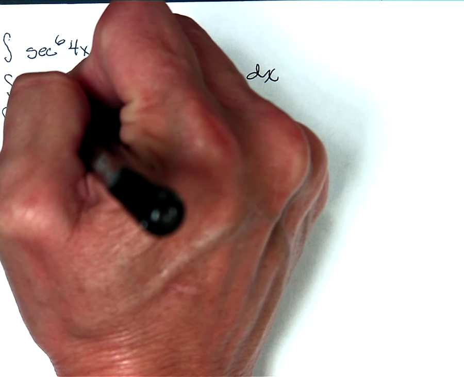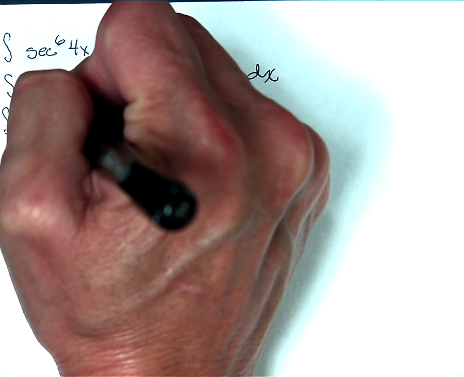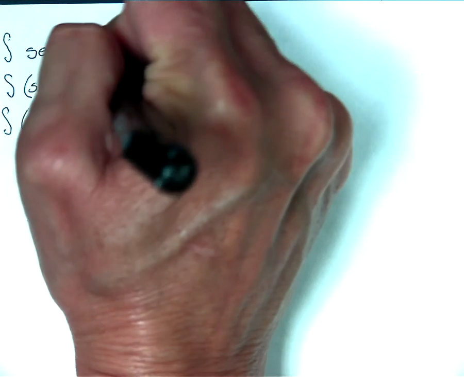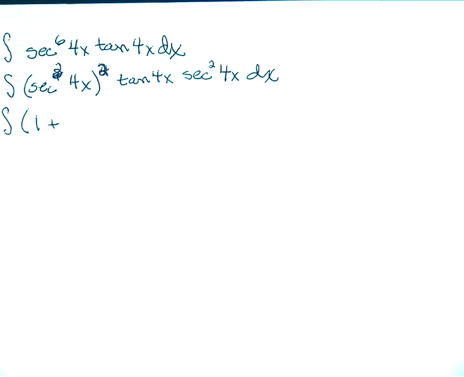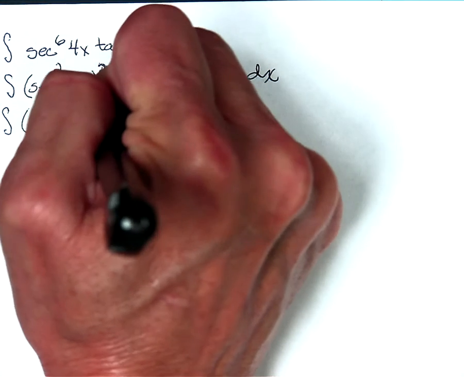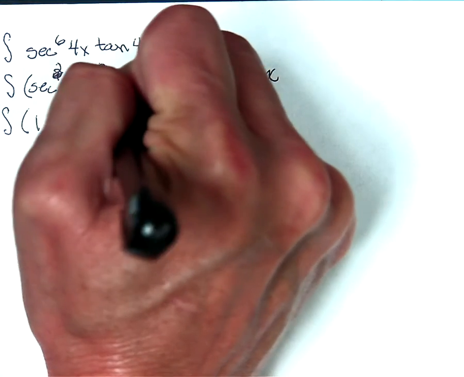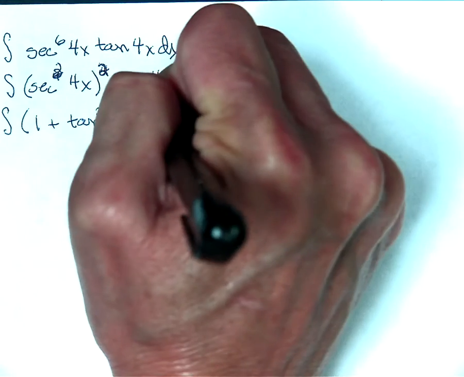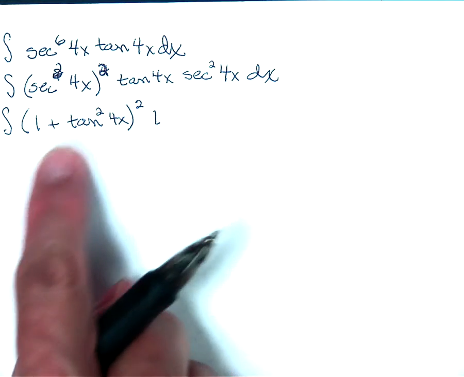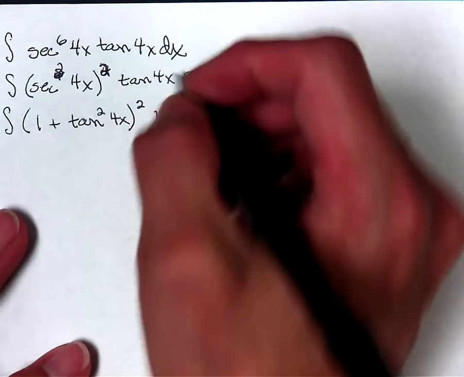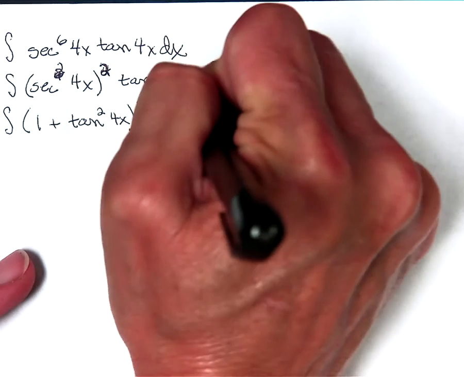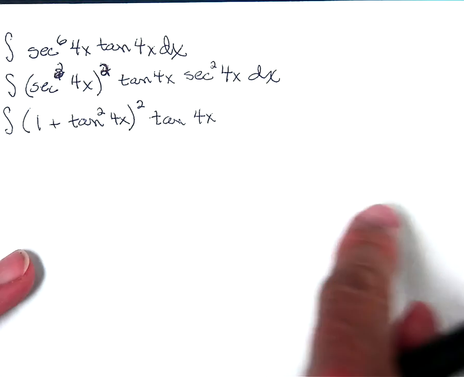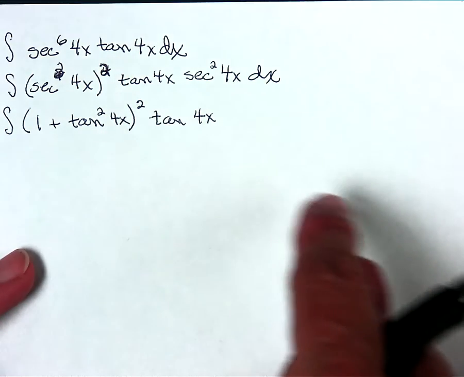Oh! In order to do that, you would have to say this is secant squared squared, and then the secant squared is 1 plus tangent squared, and then you would have to FOIL that out. You did? Mm-hmm. Oh, okay. All right. So tangent 4x, and you didn't make any other substitutions at this point?